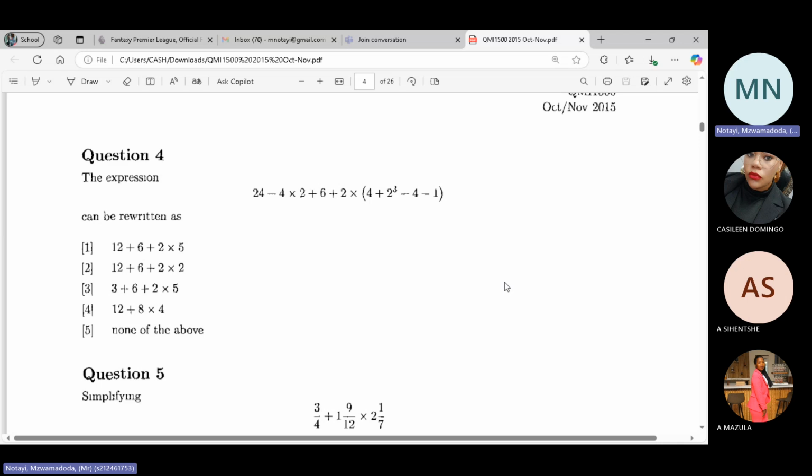Using the priority rules that we discussed yesterday, and I think we did today as well, can you determine which of these four, even option number 5, best describes that expression?